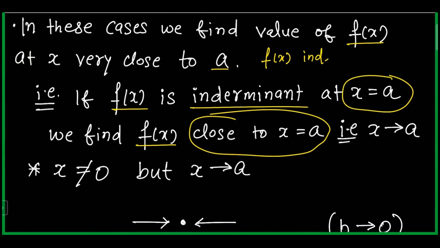It means we find the value when x tends to a. This symbol means tends. So we are finding the value of f(x) when x is tending to a. x is not a, but x is tending to a. We find the value very close to a, and that we assume is our actual value. We cannot find the actual value, but we can find the value very, very close to a. That is what we do.